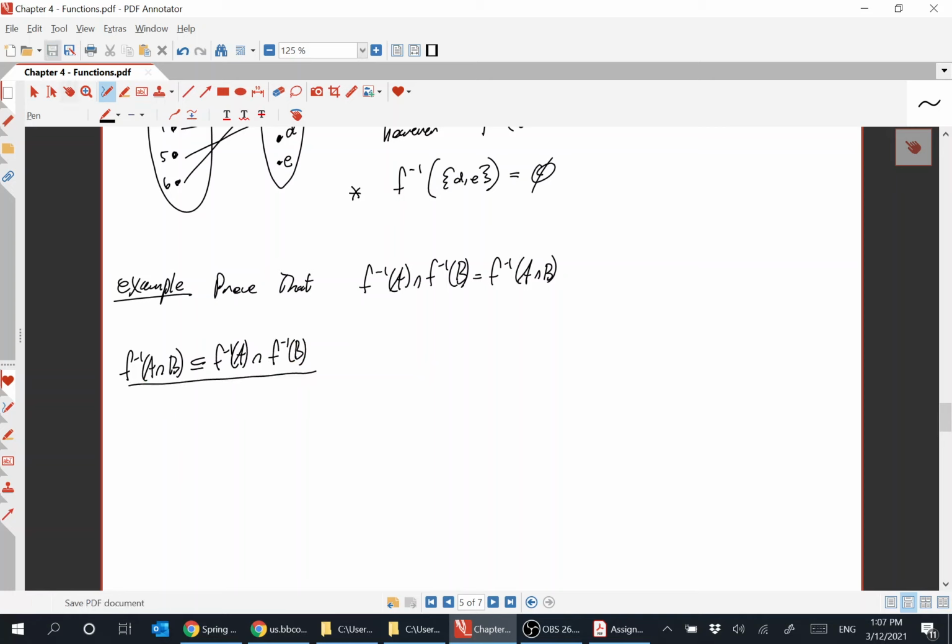Okay. Well, let x be an element of the preimage of A intersection B. So now I have to show that it's an element of the preimage of A intersection the preimage of B. Well, by definition, what's the deal with x?